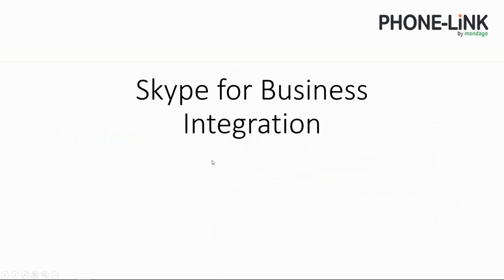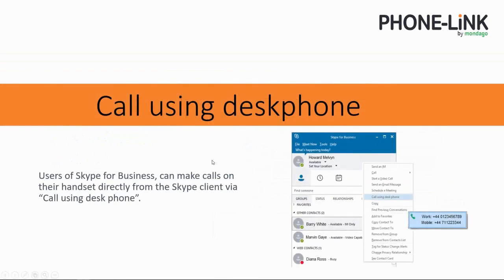So, Skype for Business. When you turn this capability on, what will happen is when you right-click on a particular contact, you will get all of the normal menu options in Skype for Business, but there'll be an extra entry included which says call using desk phone.